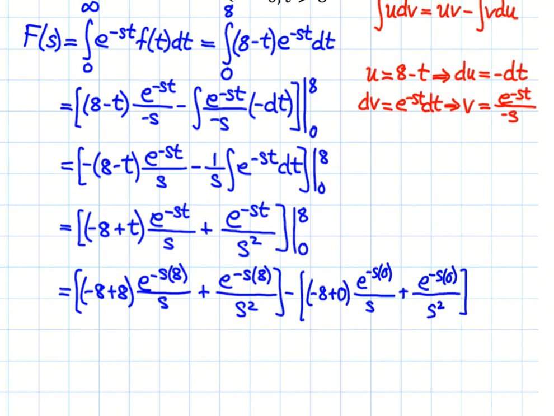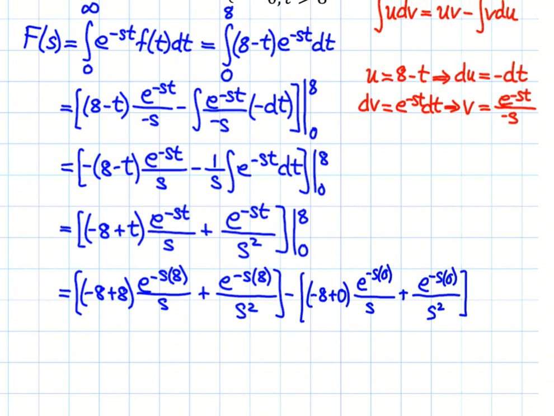First, negative a plus a, that is 0, so the whole thing here goes to 0. e to the 0 power is equal to 1, and both of them will go to 1. And putting all of this together, we should have e to the negative as over s squared in front.